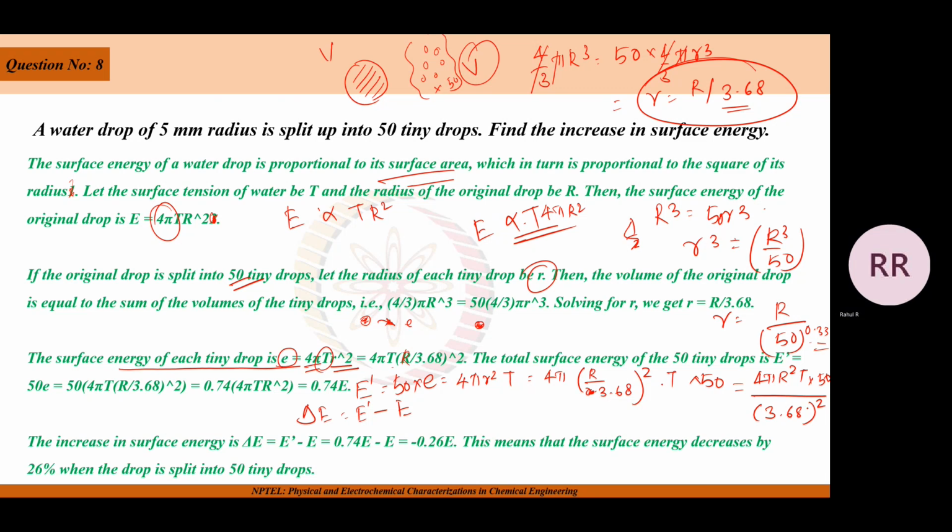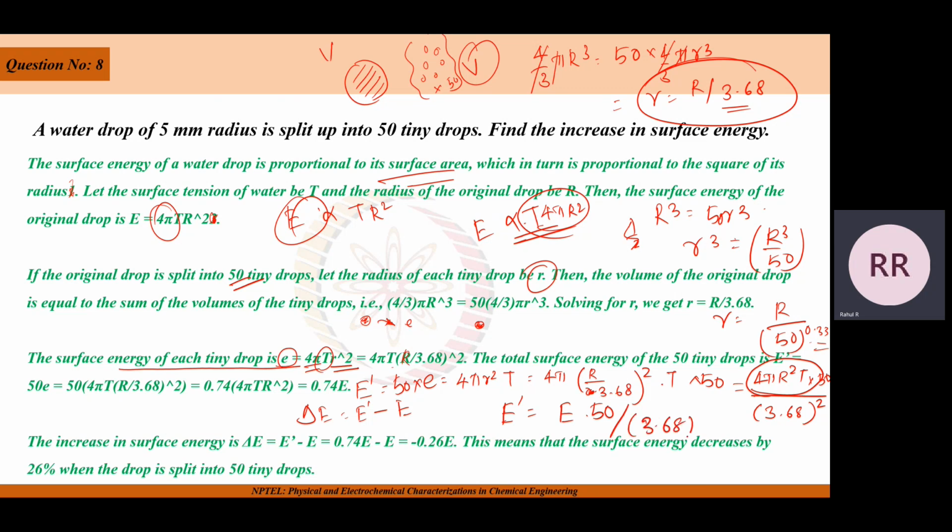By cancelling out everything, we can calculate it. See this term, 4 pi R square T, is nothing but our E. So E prime can be written as E into 50 divided by 3.68 the whole square. This can be simplified as E prime is equal to 0.74.